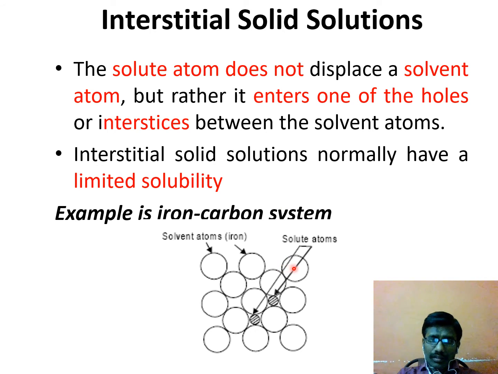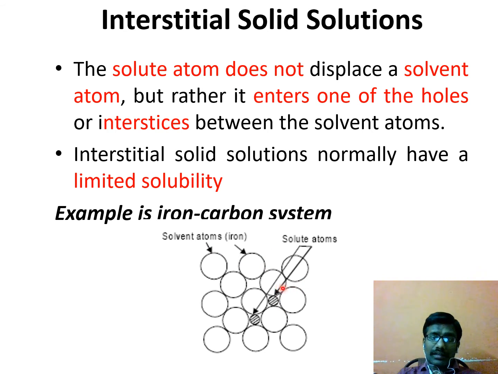Here the solvent atom and solute atom have a very large difference in atomic diameter. An example is iron and carbon: iron is the solvent atom and carbon is the solute atom.